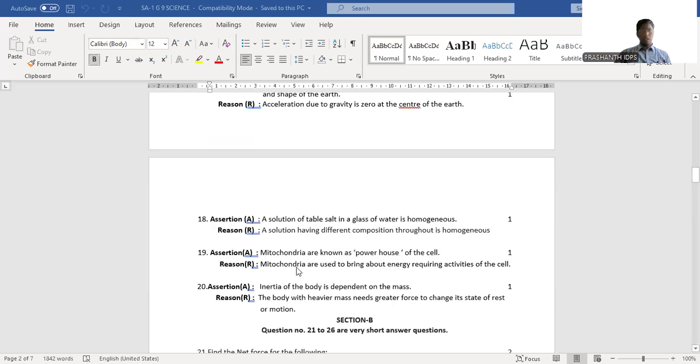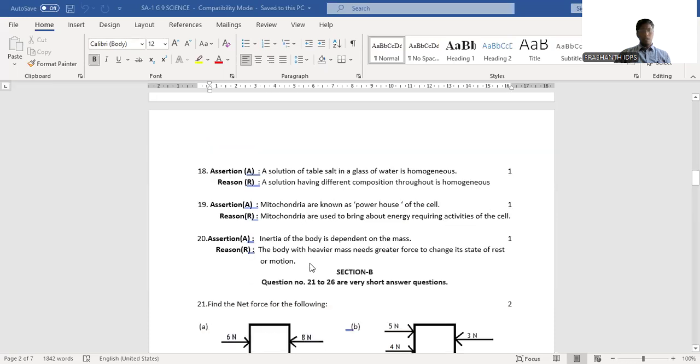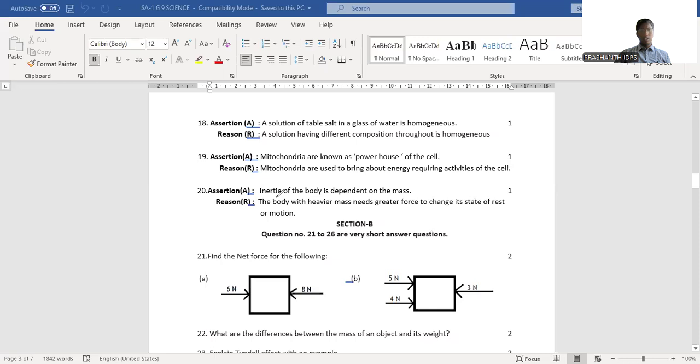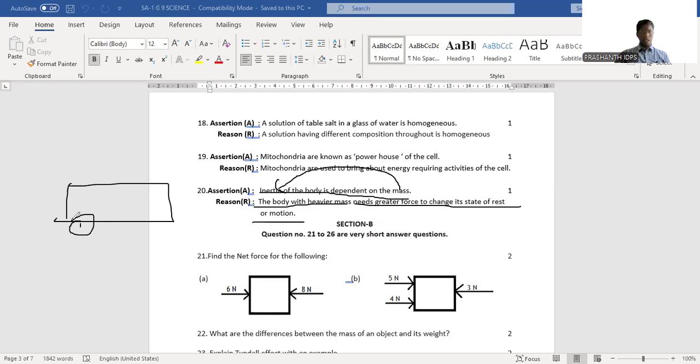And next, the 20th one. Inertia of a body is dependent on mass. This we already know. More mass, more inertia. Less mass, less inertia. So inertia depends on mass. Now the reason: the body with heavier mass needs a greater force to change its state of rest or motion. Suppose you take a huge truck and a small toy car.